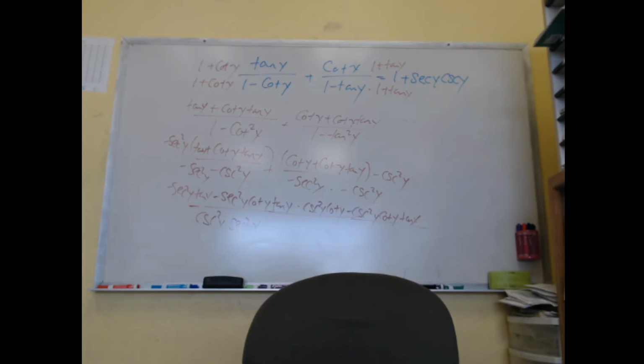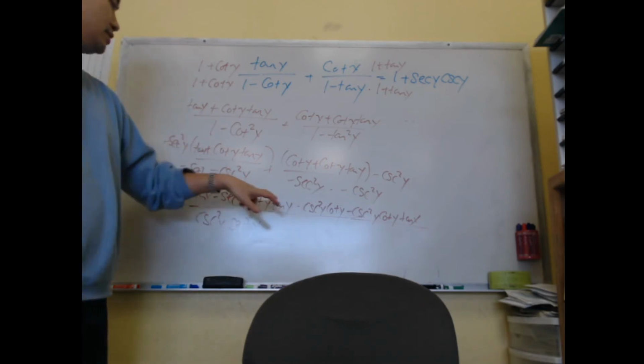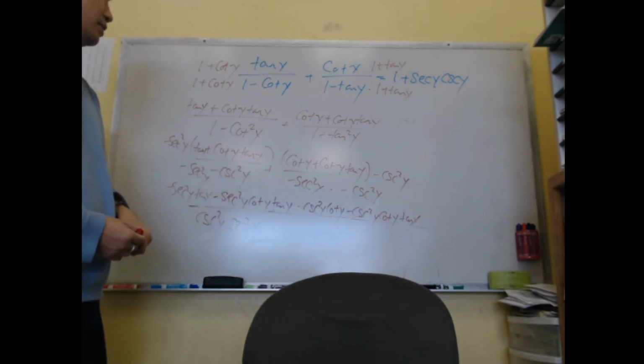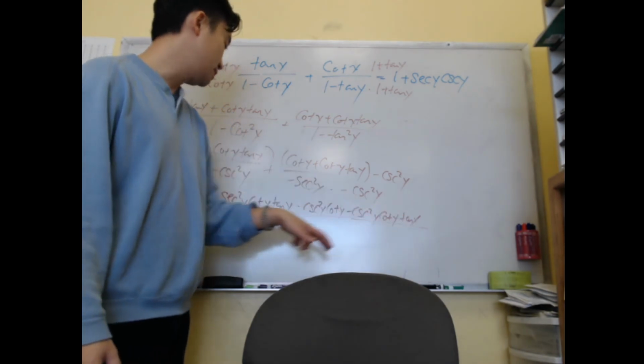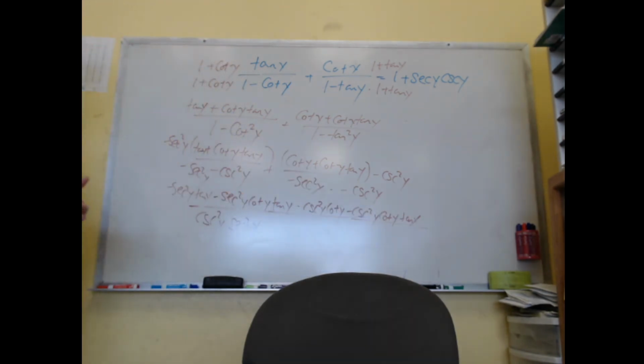Nothing we can cancel. Anything that I can factor? Well, if you try to do it this way, nothing we can cancel, right? Because this one's secant squared, but this one's secant squared, and they're pretty similar. That cotangent y, tangent y, cotangent y, tangent y.